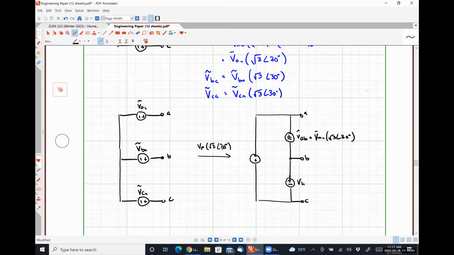This voltage VBC is simply VBN times root 3 angle 30 degrees, etc. And here's where VCA is. All right, so we can convert a Y source to a delta source by simply multiplying our phase voltages by square root of 3 angle 30 degrees.